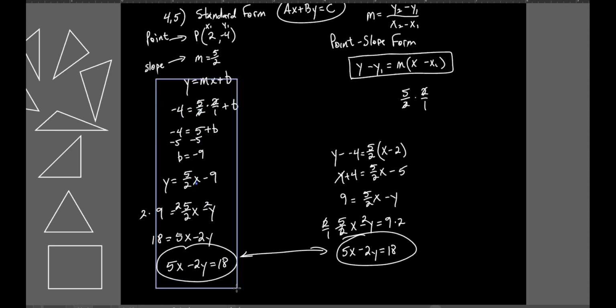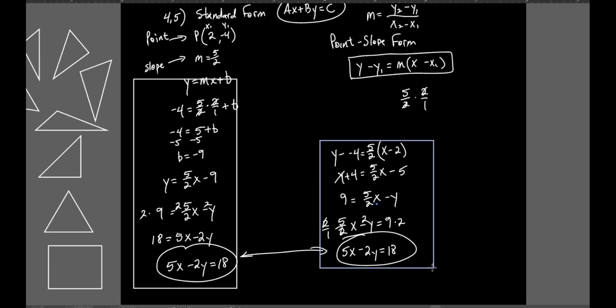This is all the work for putting it into the slope-intercept form and then working it out. Look, this is all the work for just doing the point-slope form. Wouldn't you agree? I think the point-slope form is a little bit better way to do it.